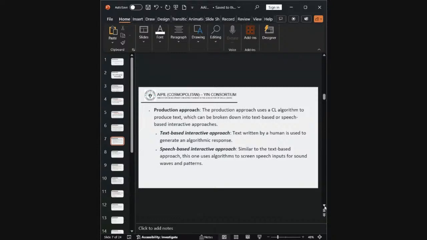Okay, so I just defined it here as written by human that is used to generate an algorithmic response. And then the other one is similar to the text-based approach. This one uses algorithms to screen speech inputs of sound waves and patterns. Very interesting, very insightful. You people have played around with it.